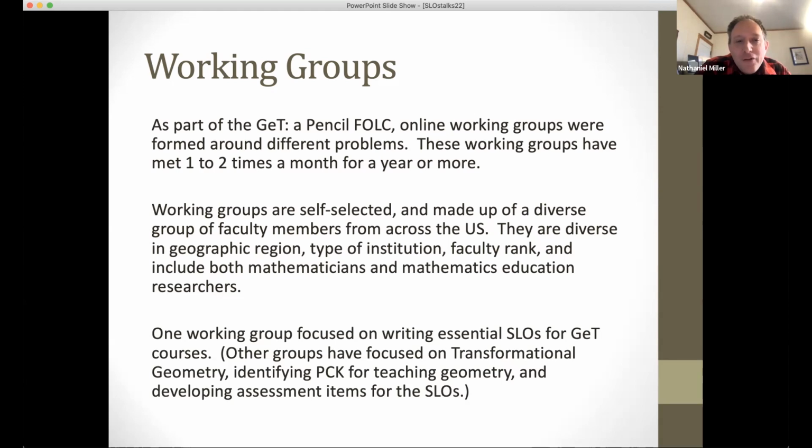They are diverse both in where they are and what kind of institution they are, what kind of faculty they are, whether they're mathematicians or math educators. We have the full gamut of different kinds of people. The group that I've been working with has focused on writing these essential SLOs. Other groups have focused on transformational geometry, identifying PCK for teaching geometry, and some other things.